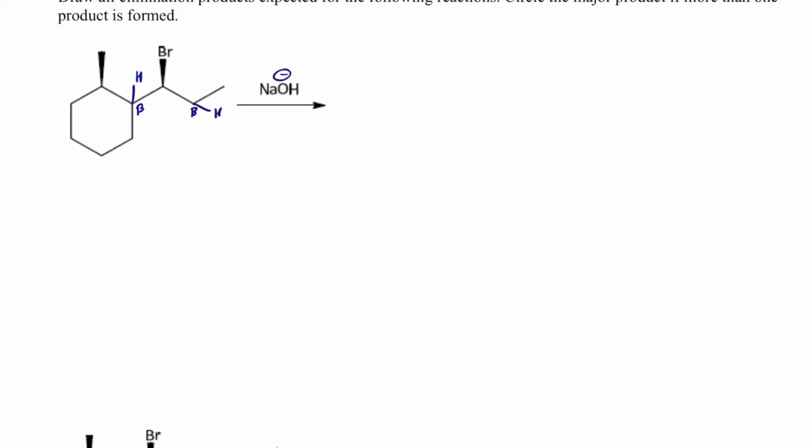And as far as your homework is concerned, I'm only going to make you draw the mechanism once. So what happens is this comes in, takes an H. Those electrons fall back towards the bond with the leaving group, and the leaving group leaves. So there's one product.